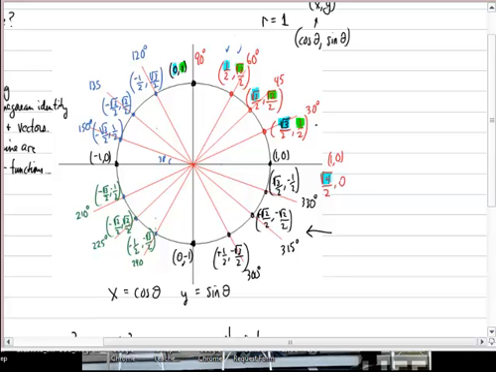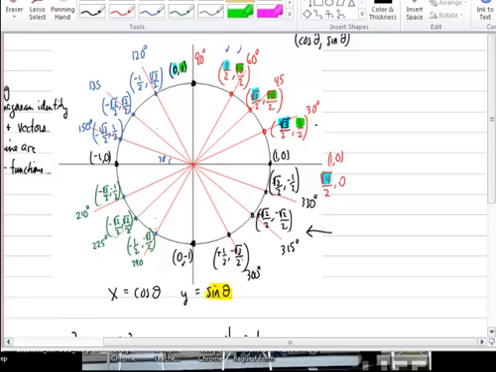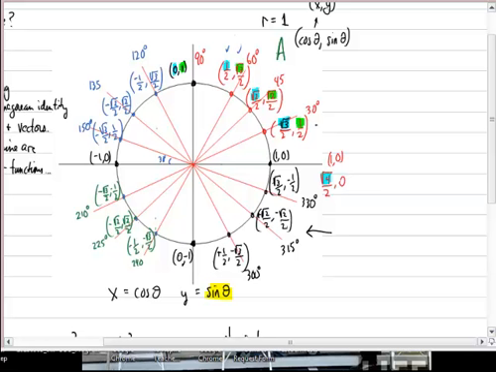In addition to that, we notice some other things that happen. Remember how we said that the sine ratio is the y-coordinate? Well, remember when we worked in earlier videos, we talked about an acronym called ASTC. In this quadrant, all trig ratios are positive, and I just want you to note that the x and y coordinates are all positive in this quadrant.